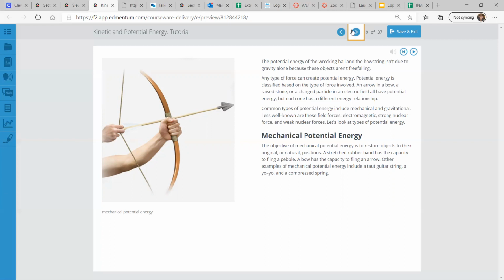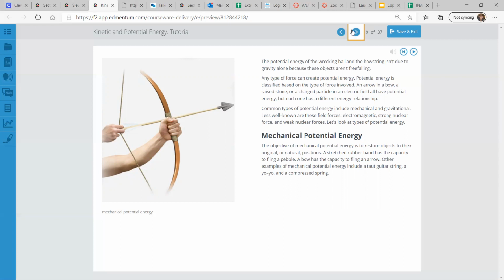Mechanical potential energy. The objective of mechanical potential energy is to restore objects to their original or natural positions. A stretched rubber band has the capacity to fling a pebble, and a stretched rubber band wants to go back to an unstretched rubber band.